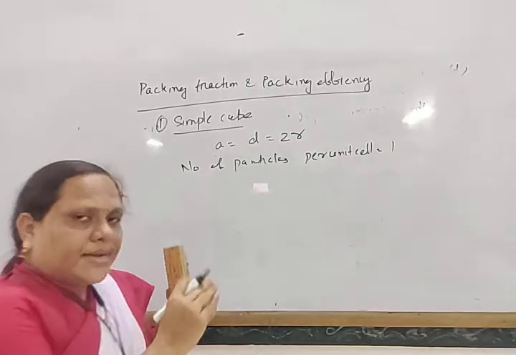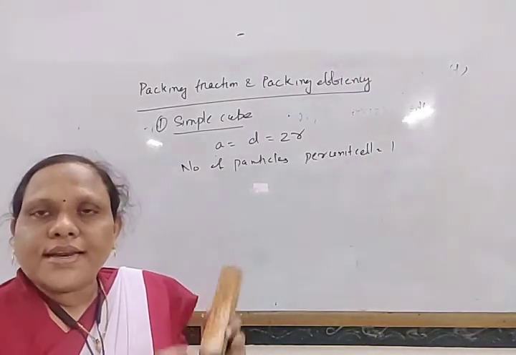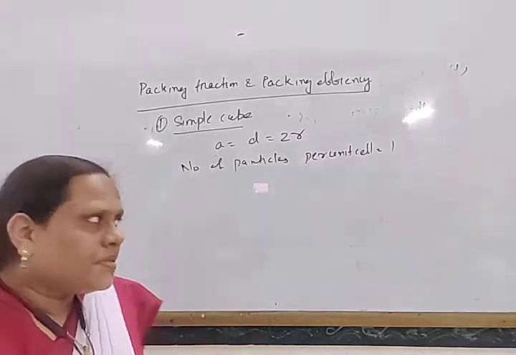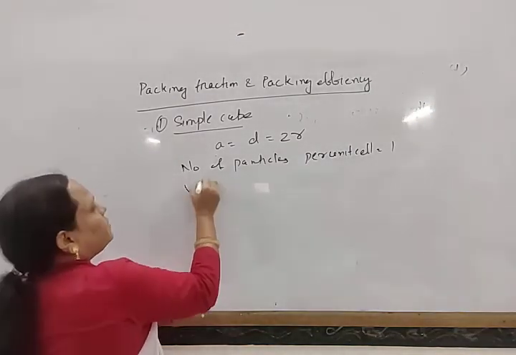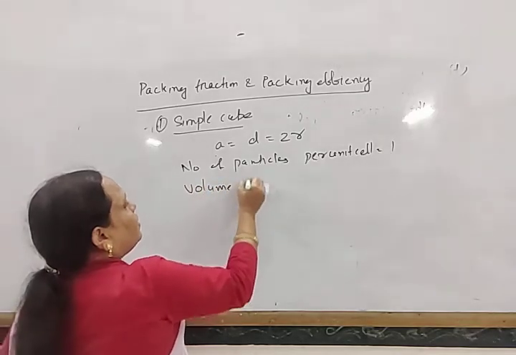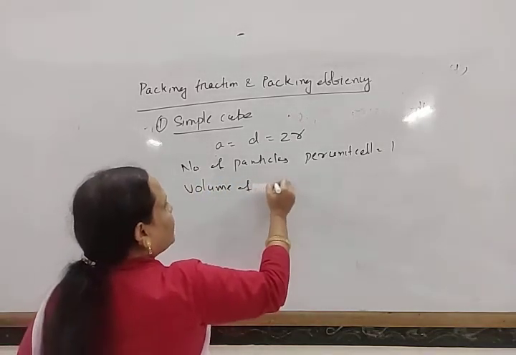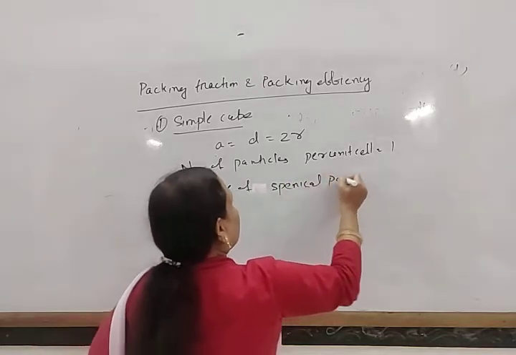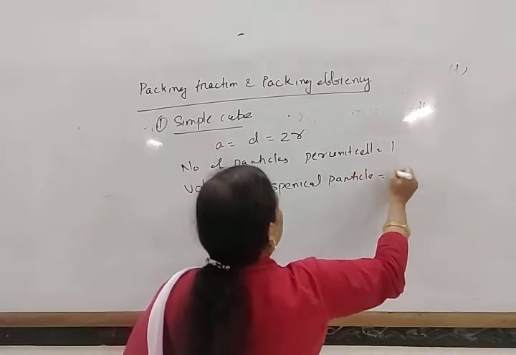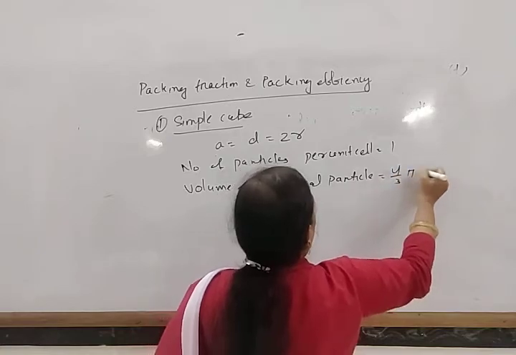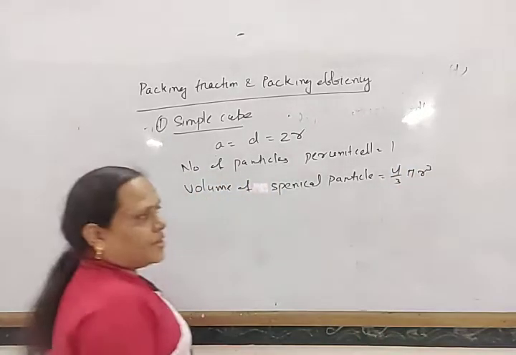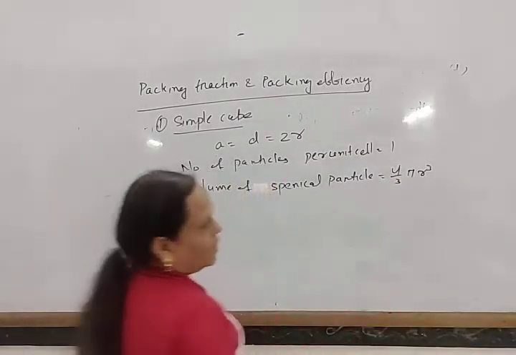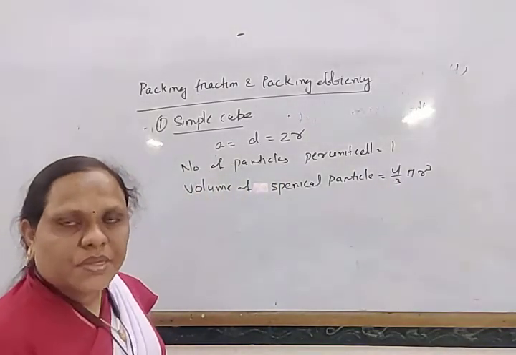Then this particle or this atom is generally considered as a sphere. So if we consider it as a sphere, then the volume of a spherical particle is equal to 4 by 3 pi r cube, where r is the radius of the particle.